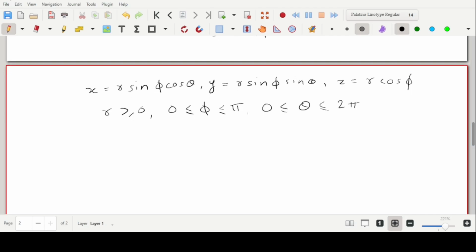These are our coordinates. This is the spherical coordinate system. Any point in this space can be expressed in terms of r, phi, theta, and these are the conversion formulas.